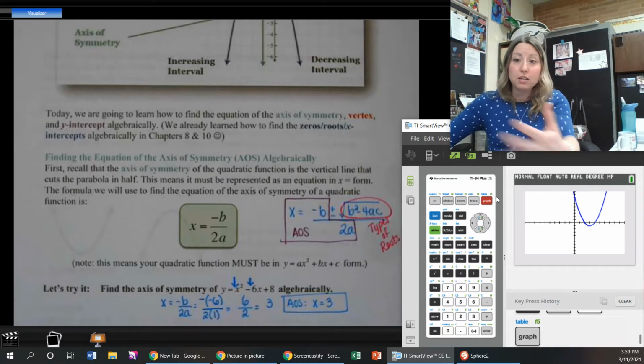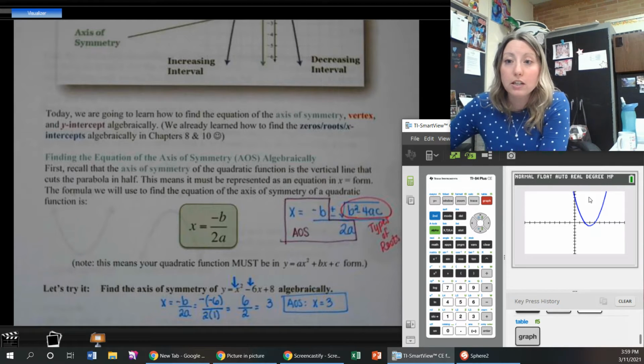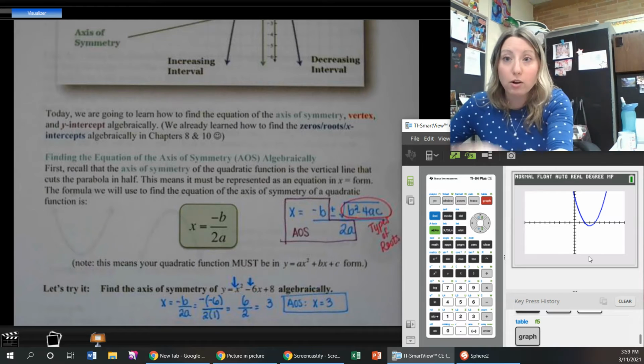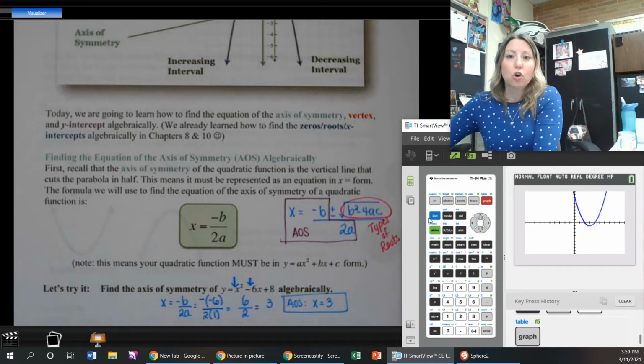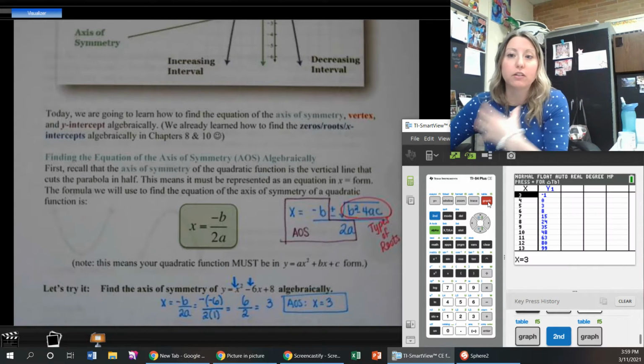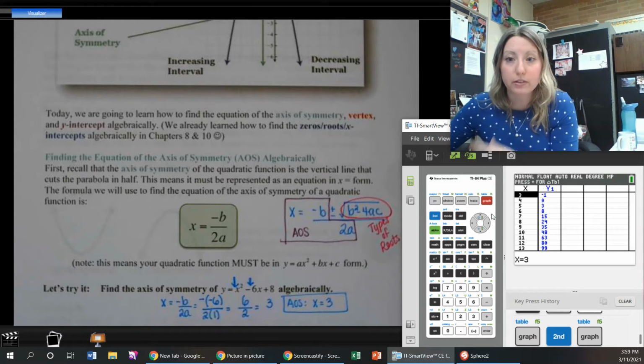Now we can clearly see that right about here is the vertical line that will cut this parabola in half, right? But let's just double check what that is. So second, trace, graph gets us the actual individual points, okay?